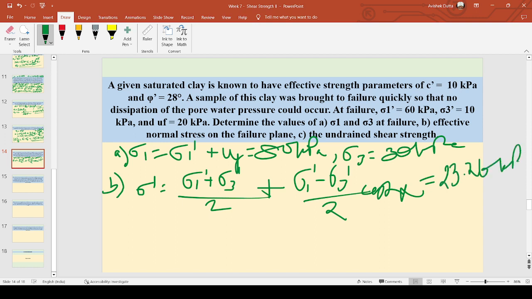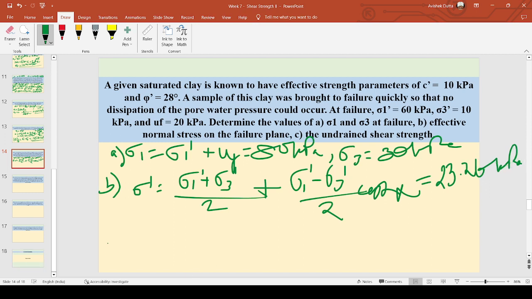We get a value of approximately 23.26 kilopascal. Now, in the case of undrained shear strength, there is a twist over here. Because the parameter being considered is phi equal to 0, the undrained shear strength is equal to the undrained cohesion of the soil.